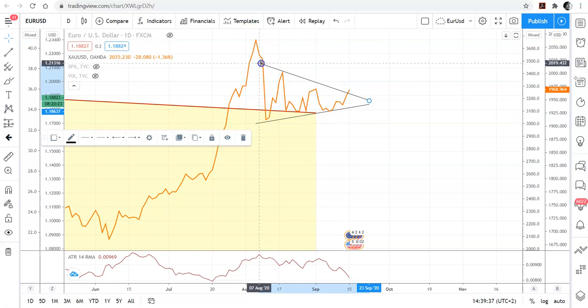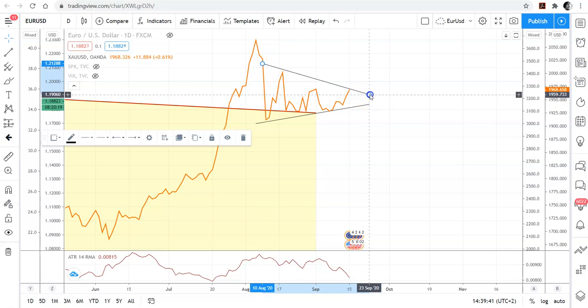Now, obviously, if you have it like this, also they are converging. And so this range is getting quite narrow. If you wanted to trade the break to the upside, you take the top and the bottom of that move, and essentially you'd add it to your entry point. So if your breakout was here, you'd add this distance up.